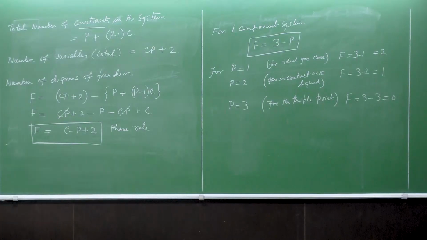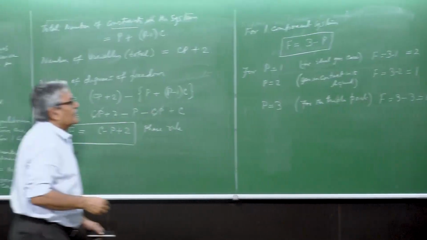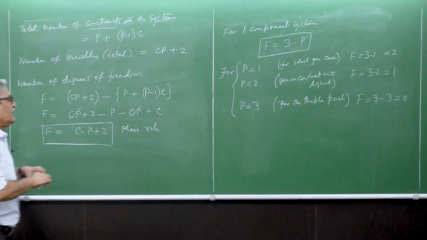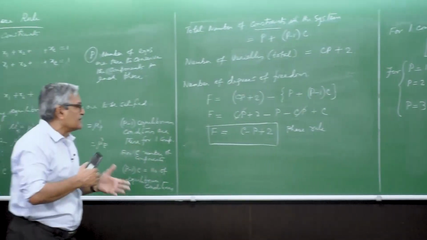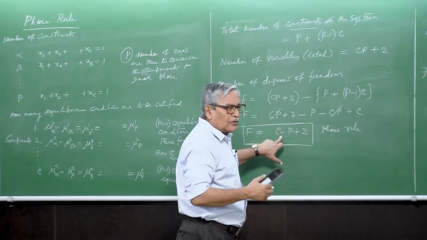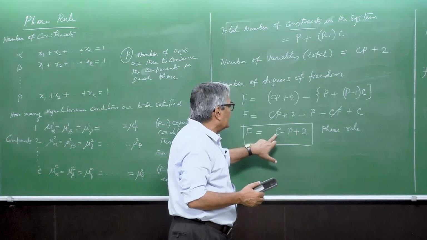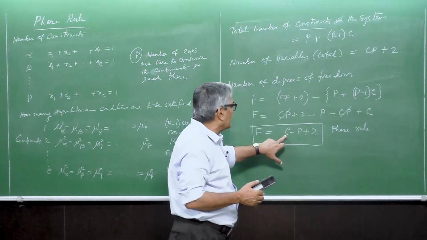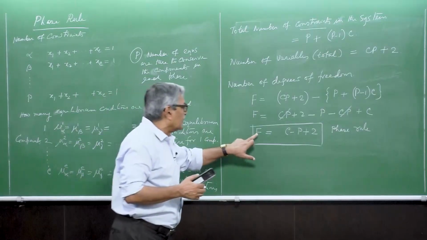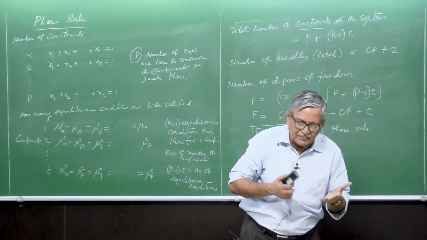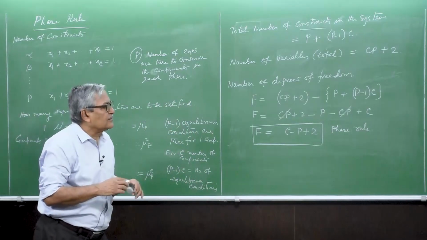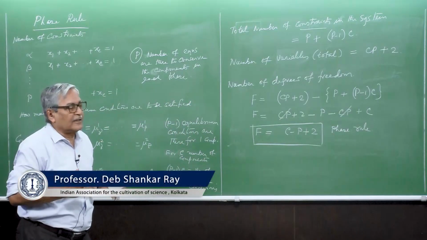So that is a very interesting situation, and we can show that for any thermodynamic system which has several phases and several components, they can be used in this particular rule to find out the number of degrees of freedom by which I can characterize my equilibrium.